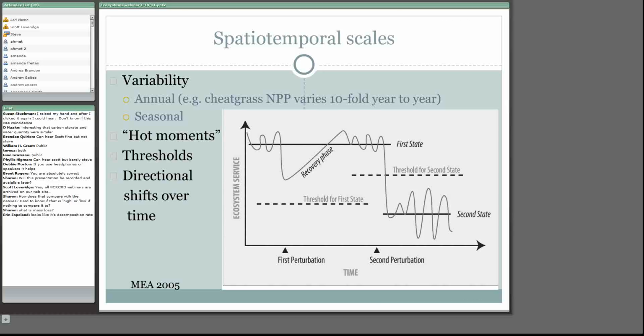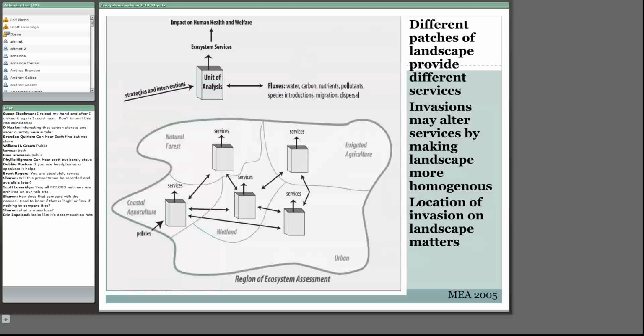If we look at the different patches of landscapes that provide different services, spatially, there's quite a bit of variation. In this little figure, looking at the region of ecosystem assessment, where you have the interface of urban, irrigated agriculture, natural forest, coastal aquaculture, wetland, if that was a scenario that occurred, you can see the different services in these different locations on different scales.